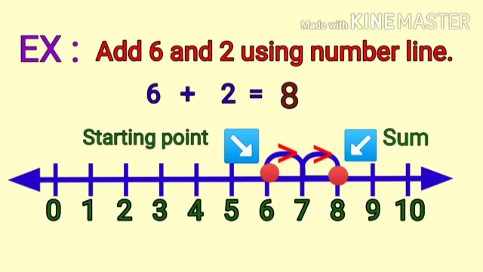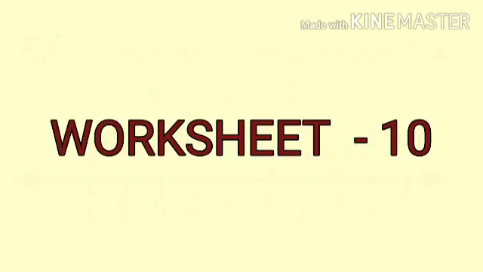Children, have you understood this topic? I hope you understood. Based on these topics, I am going to give one worksheet. Let us see the questions. Here the first question is add 3 and 5 using vertical bars.